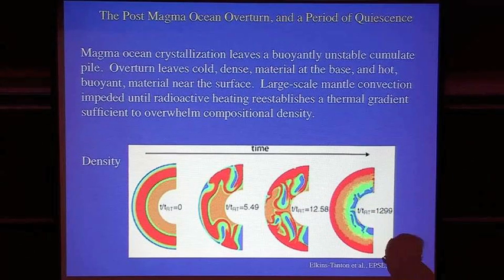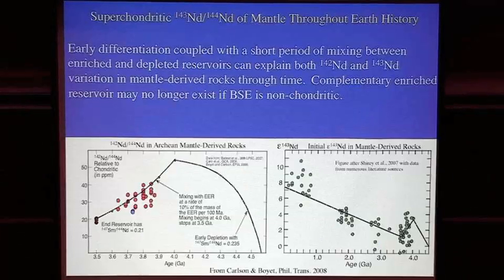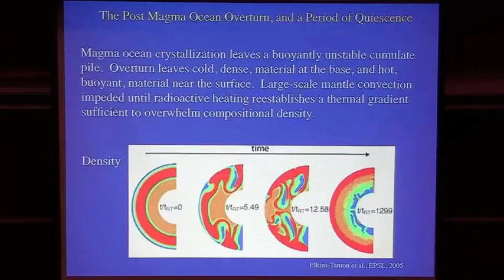So if you look back at this evolution, that was part of the reason behind this, is this idea that you had this magma ocean overturn. So you left the upper mantle with this very depleted reservoir, and you began to mix in some of this stuff that was what was segregated to the bottom. So that's the origin of this type of model. And this may or may not be the correct answer, but it gets to this point that the end of the magma ocean, the end of the accumulation, isn't the end of the story.